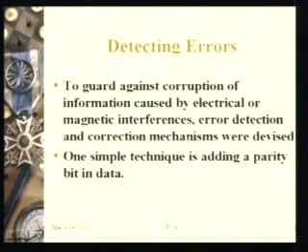So all networks have error detection and correction mechanisms. One simple technique is adding a parity bit to the data. Parity bit information, or in more general terms, what you carry is CRCs, cyclic redundancy check kinds of codes, in most of the communication devices.